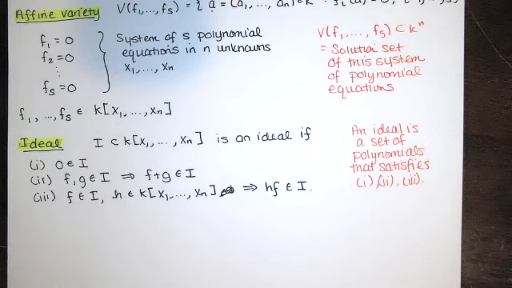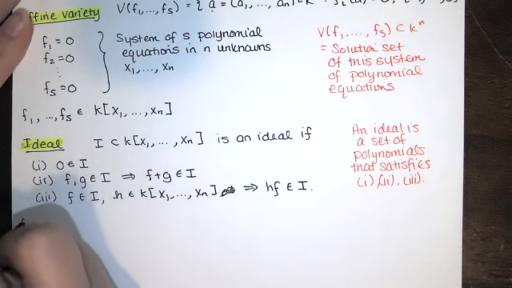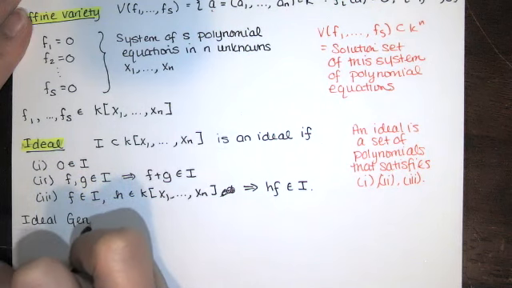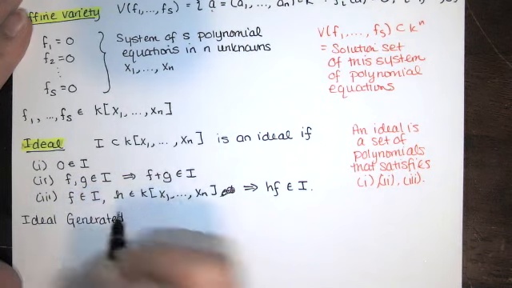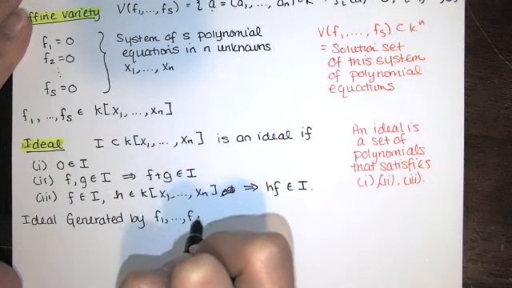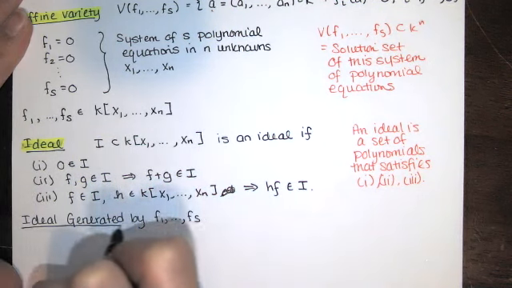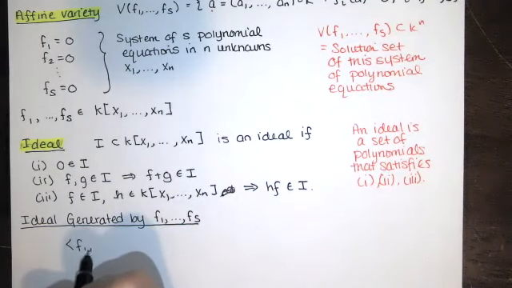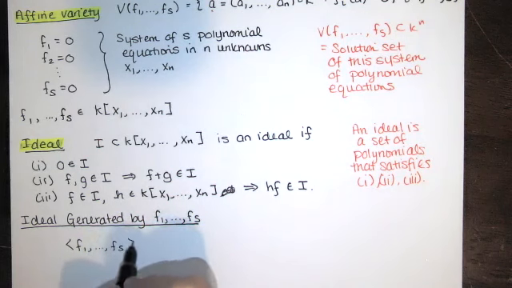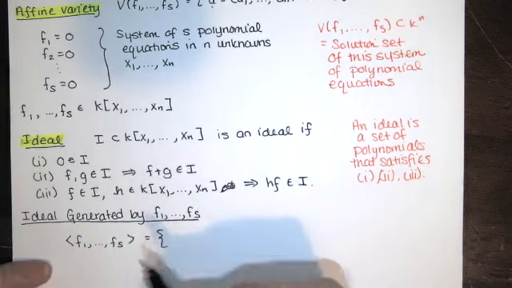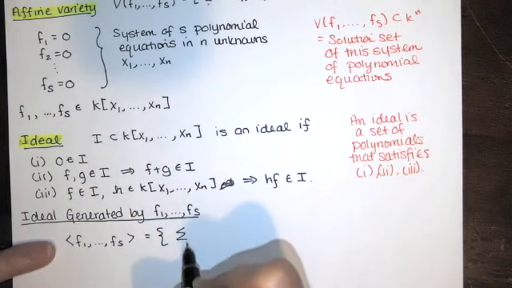We talked about this in the last video. This is called the ideal generated by the polynomial functions f sub 1 through f sub s. Now, that is denoted this way. And this is the set of all polynomial functions that can be written in this form.